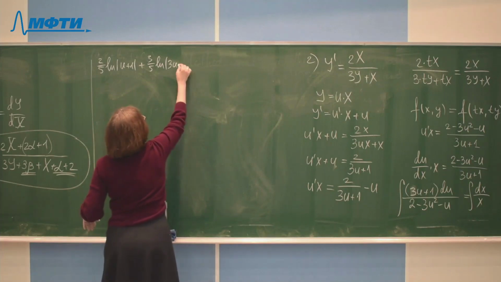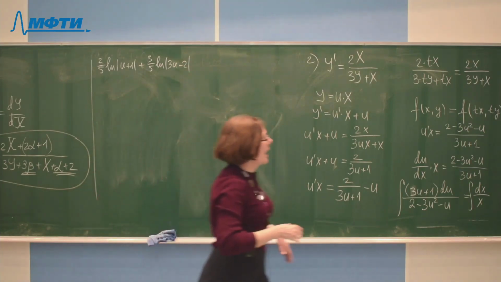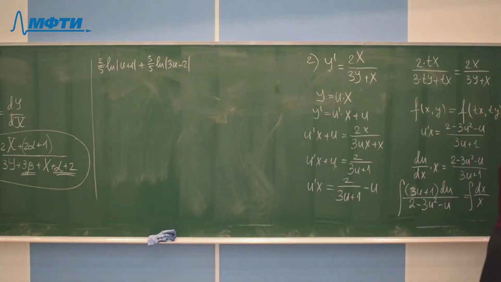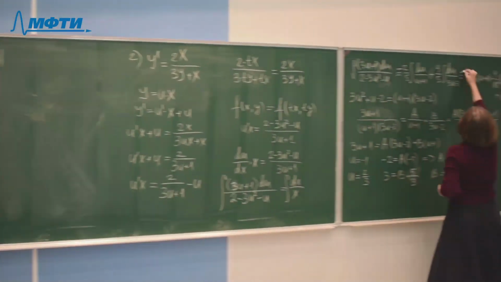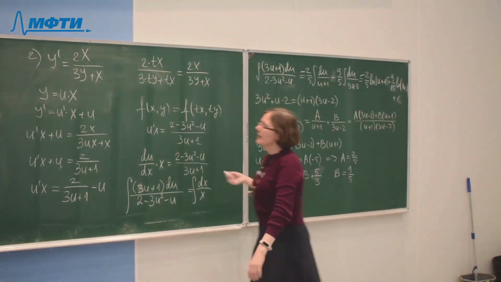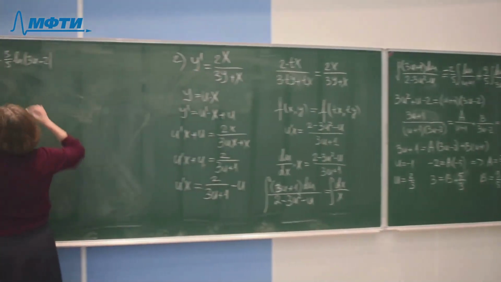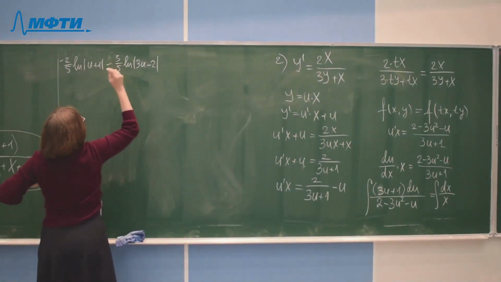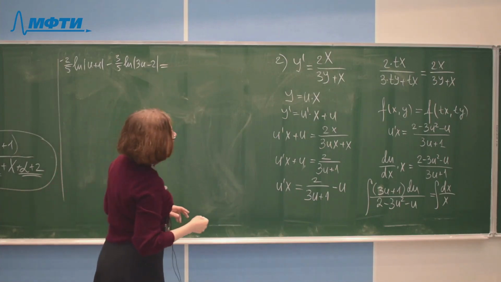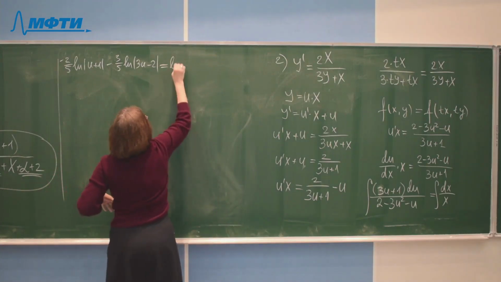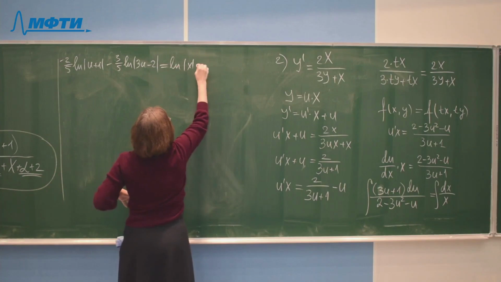Oh, sorry, I have changed the sign of the denominator, so it should be minus and minus. Minus, minus equals ln of x plus c.